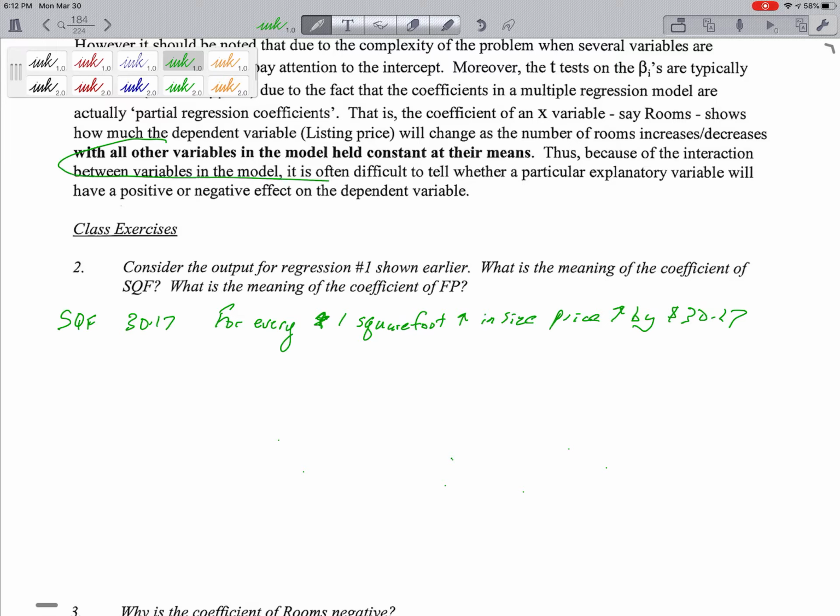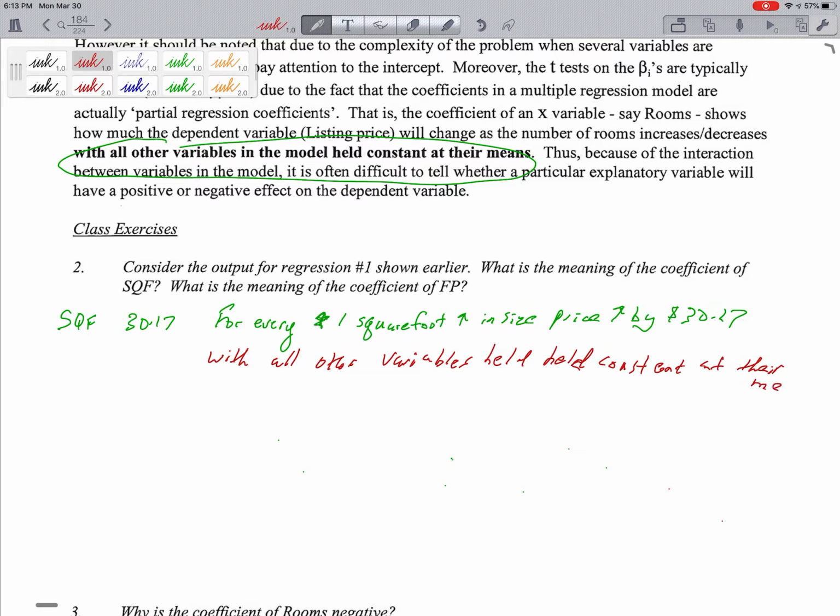Now, I'm going to add a term in here, which is right there, and I'm even going to put that in a different color: with all other variables held constant at their mean. And we're going to talk about what that means in a moment.